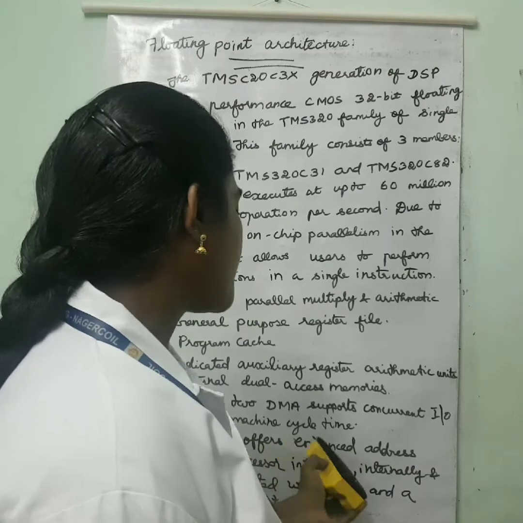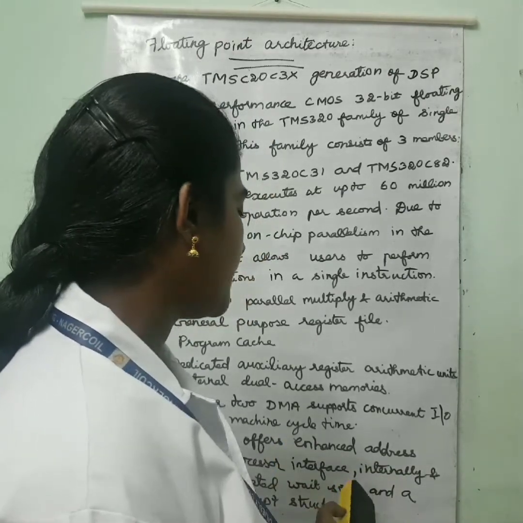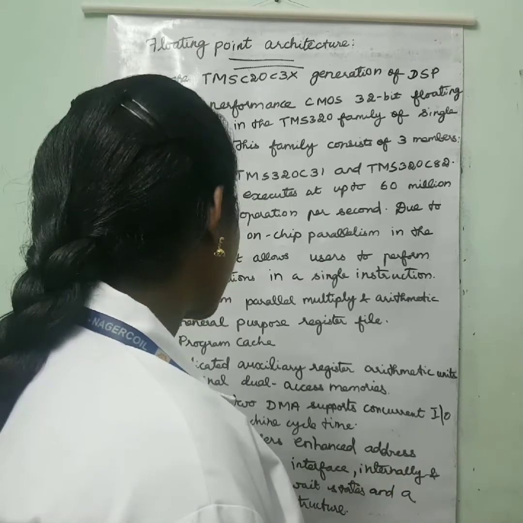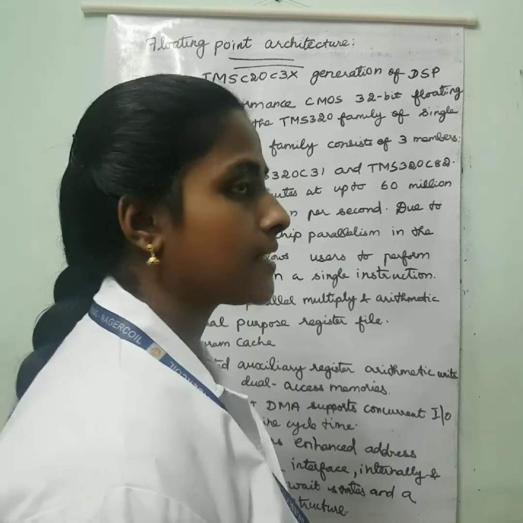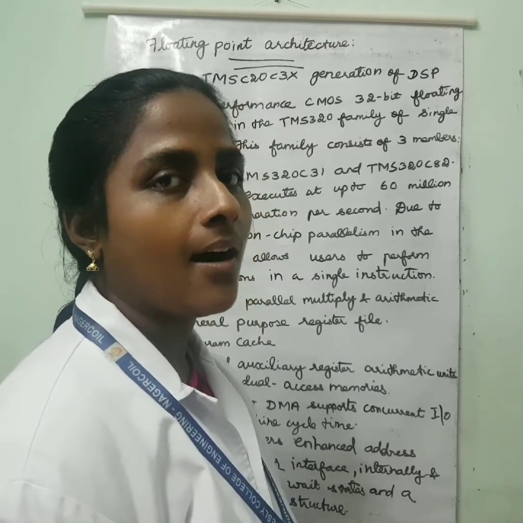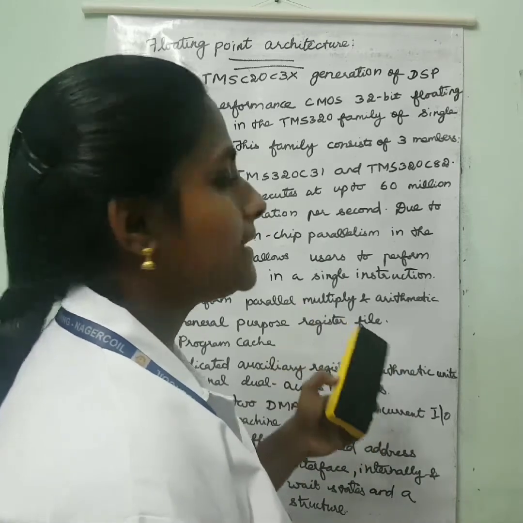This processor also offers an enhanced address space, a multiprocessor interface, internally and externally generated wait states, and a multiple interrupt structure. Next we can see the architecture of the TMS320C3X.